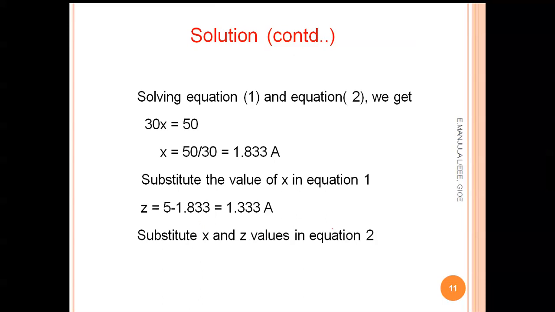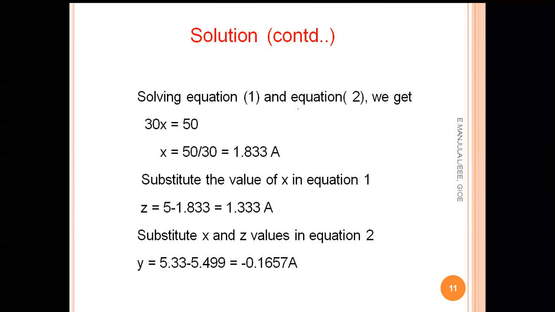Both x and z if you substitute, then you will get y. Then y is equal to 5.33 minus 5.499, which is equal to minus 0.1657 amps.